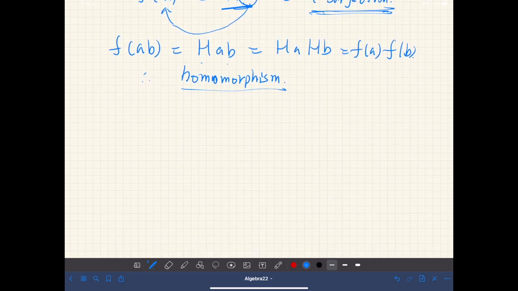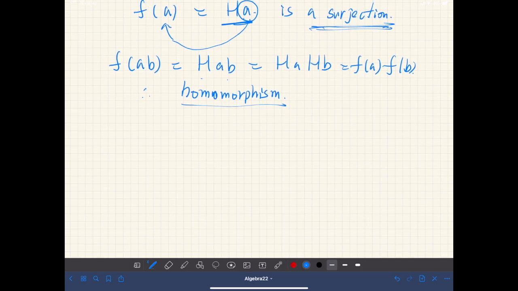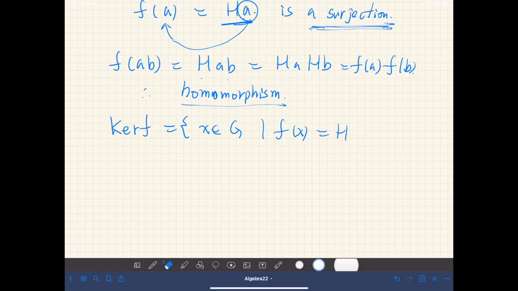And finally, we need to show that the kernel of this mapping is H itself. So the kernel of f is defined as the elements x of G such that f of x is equal to H. Well, this is HE actually, but we just use the simplified notation here. Okay, so this is the definition of the kernel. And so what is this?